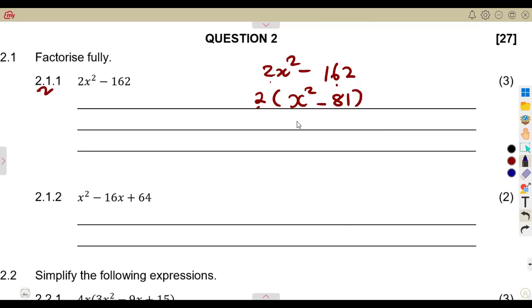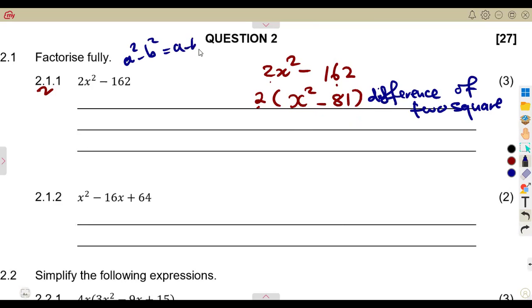What is it that you are seeing here? It's a special expression, this one. What is it? That's a difference of 2 squares. So we have a difference of 2 squares. Remember what I said before about this part of a squared minus b squared giving us a minus b into a plus b.